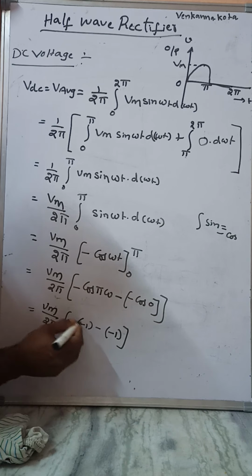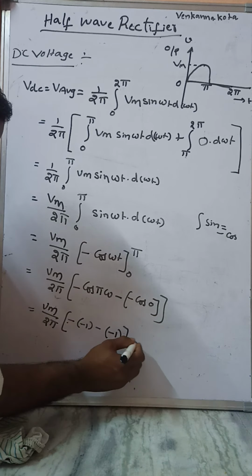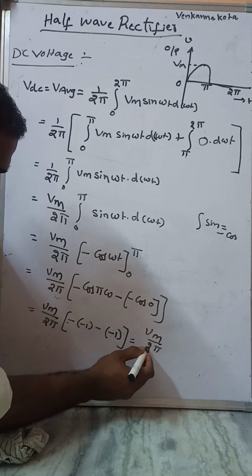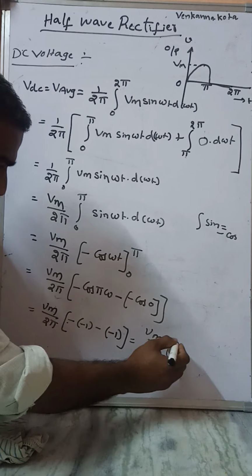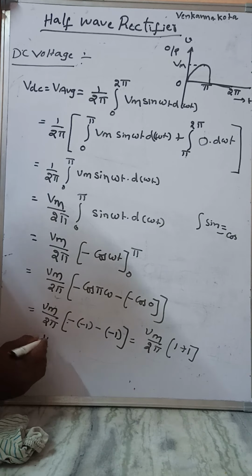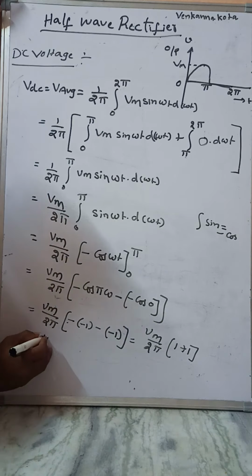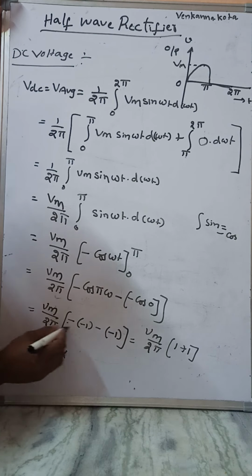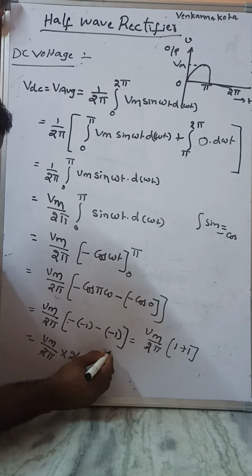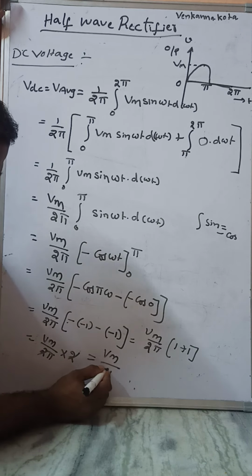So 1 plus 1. So the value becomes Vm by 2 pi into 2. The 2 cancels, and the value becomes Vm by pi.